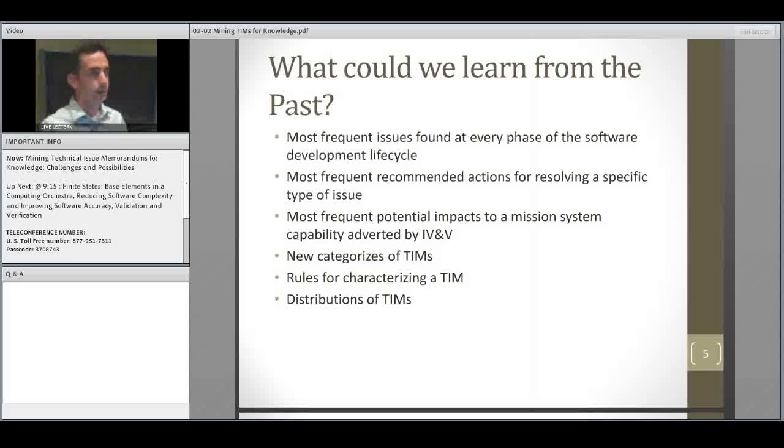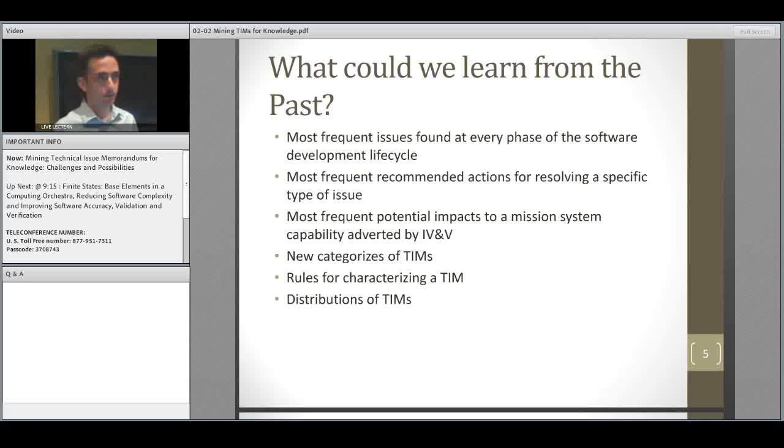So in that sense, there is some structure to it. There are also fields that are unstructured text. But using some of these fields that we already manually use to classify our TIMs, we can mine these TIMs to determine rules.